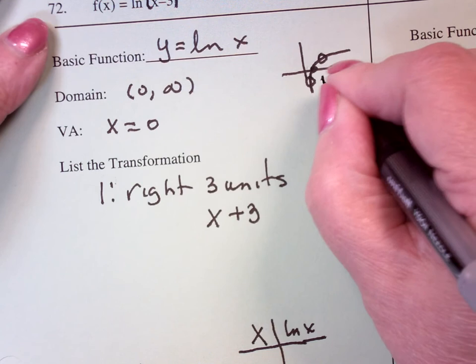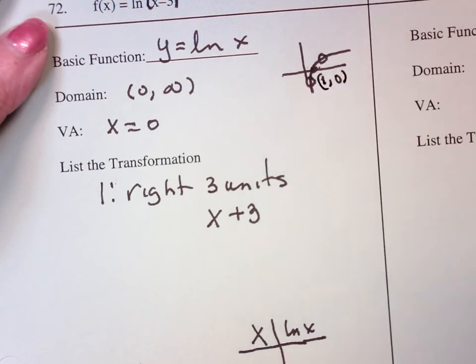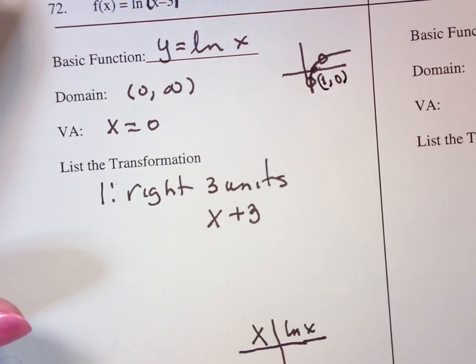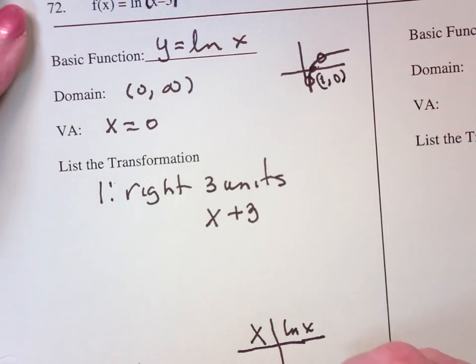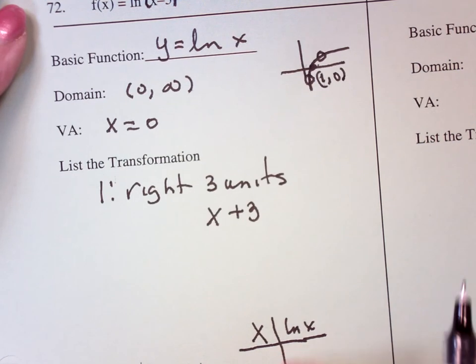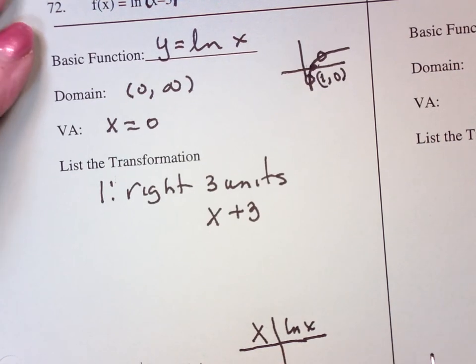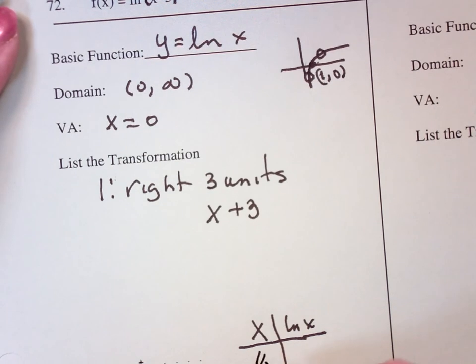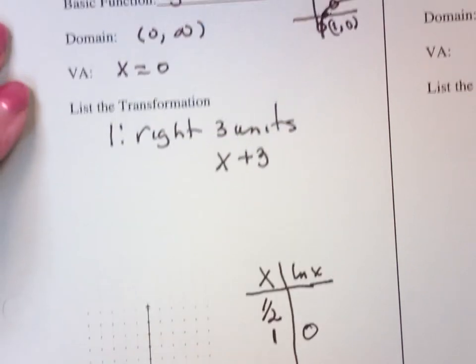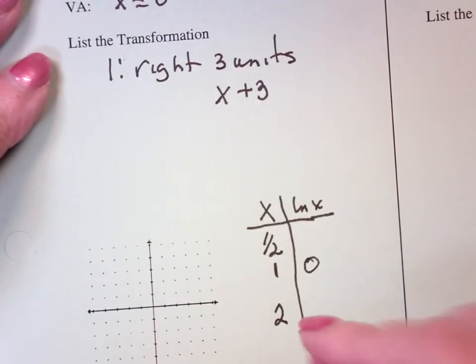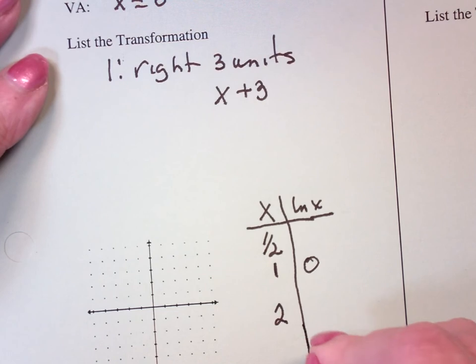This is 1, 0. I need a point to the left of 1 and a point to the right of 1. And 1/2 will do nicely, and to the right of 1, 2. What that gives me is the bend. I have a VA at 0.